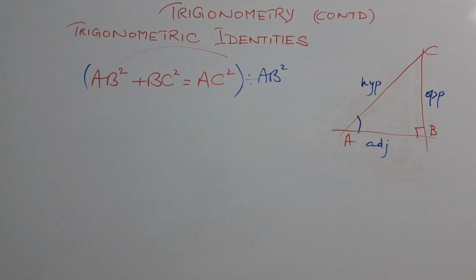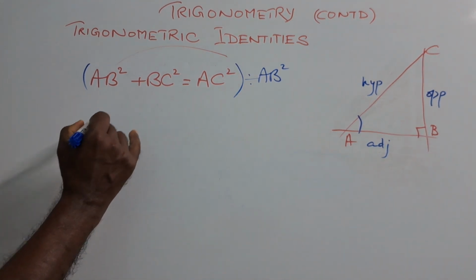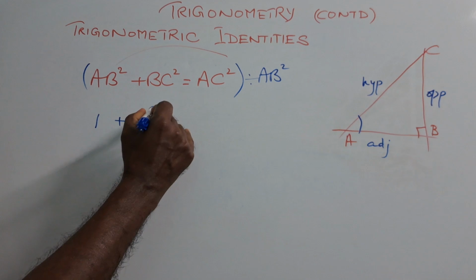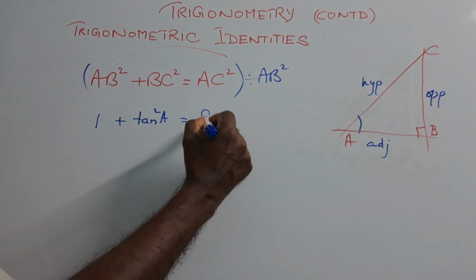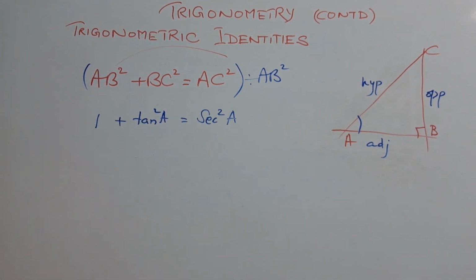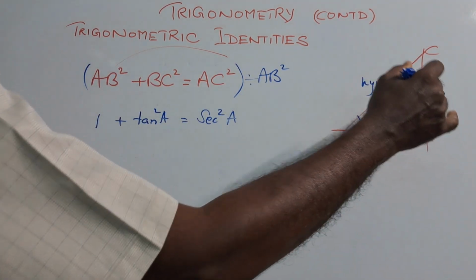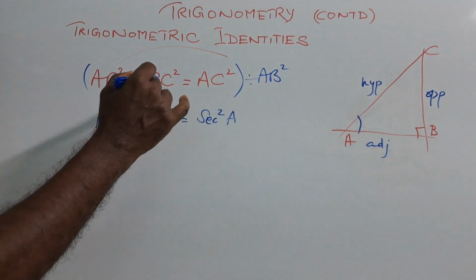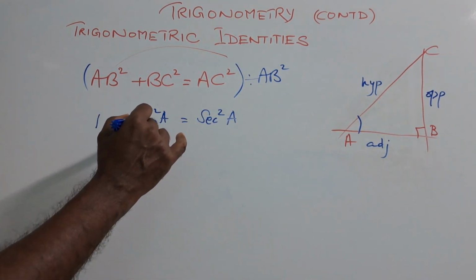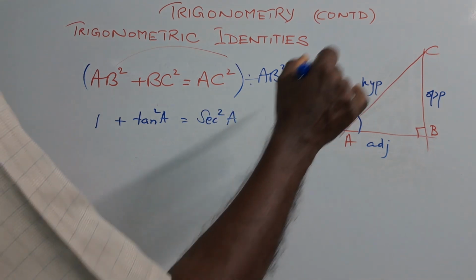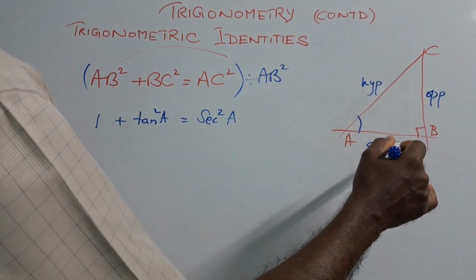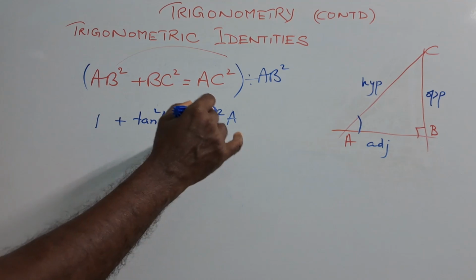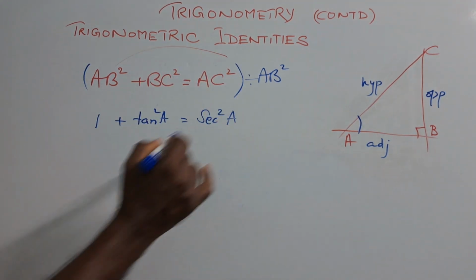In the same way, when you divide the equation by AB square, you get 1 plus tan square A equals sec square A. AB square by AB square is 1. BC is opposite side, opposite by adjacent is tan square A, and hypotenuse by adjacent side AC by AB is sec. Here square is sec square.